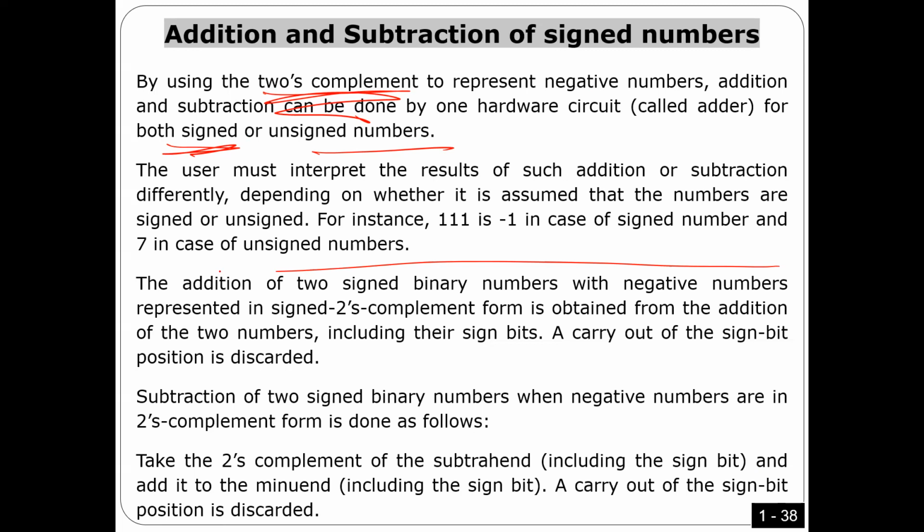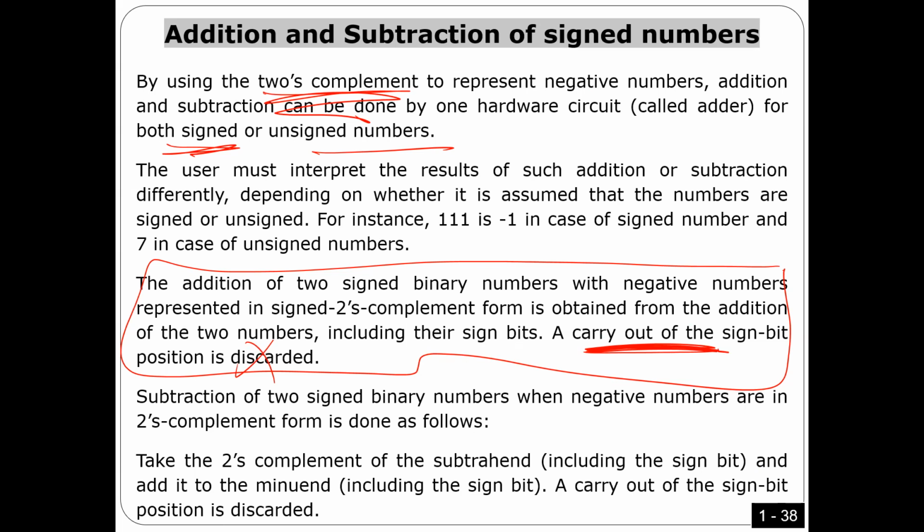If the addition of 2 signed numbers, with negative numbers represented by the 2's complement, is obtained from the binary addition of the two numbers, 1 plus 1 is 0 normally, including the sign bit. Even the sign bit you have to include in the addition, as you will see right now. But if there is a carry out, you need to ignore it. So here, if your numbers are signed and you do the addition, just ignore the carry.